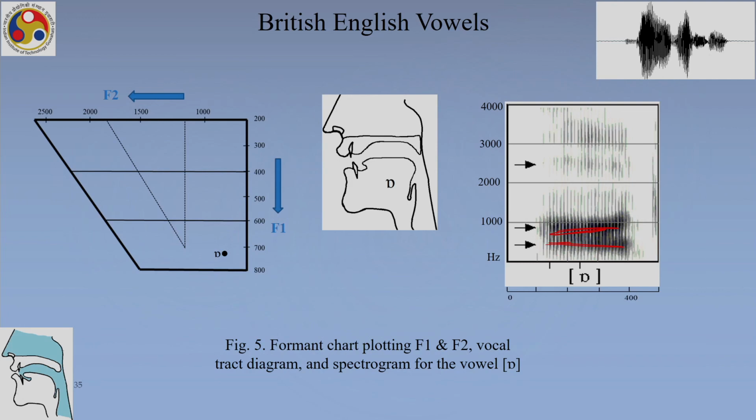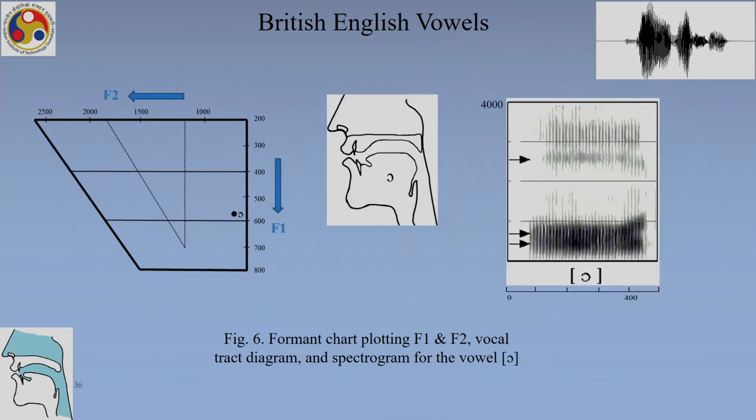Now back vowels have a low F2. In back vowels, you have narrowing in the pharyngeal cavity, whereas you have a wider front cavity. We know that the front cavity is responsible for F2, and now we can see that the F2 value here is much lower than what we had seen for all the front vowels.